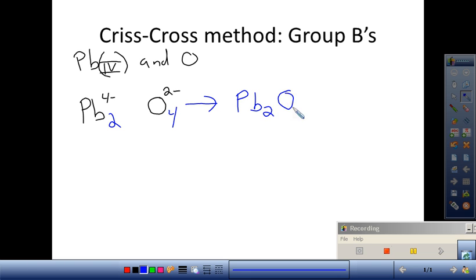I'm going to rewrite it with the subscripts, the numbers on the bottom, but not the numbers on the top. And just like before, I can reduce this, so I'm going to. So 2 to 4 is the same as 1 to 2. And there's my answer. So with group B's, the only difference is they're going to give you this charge.